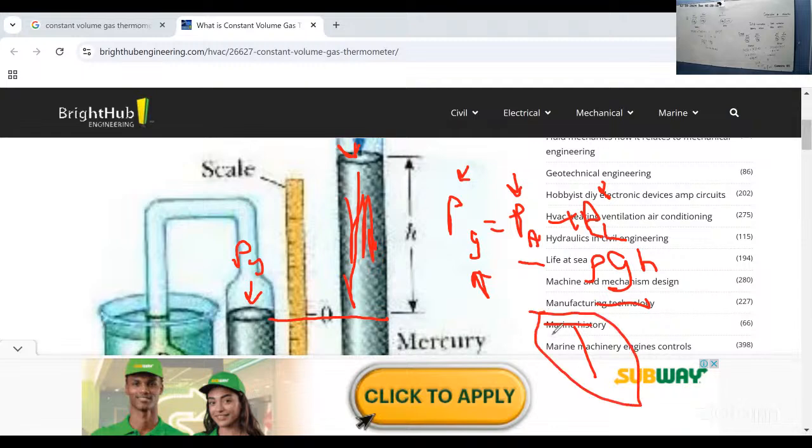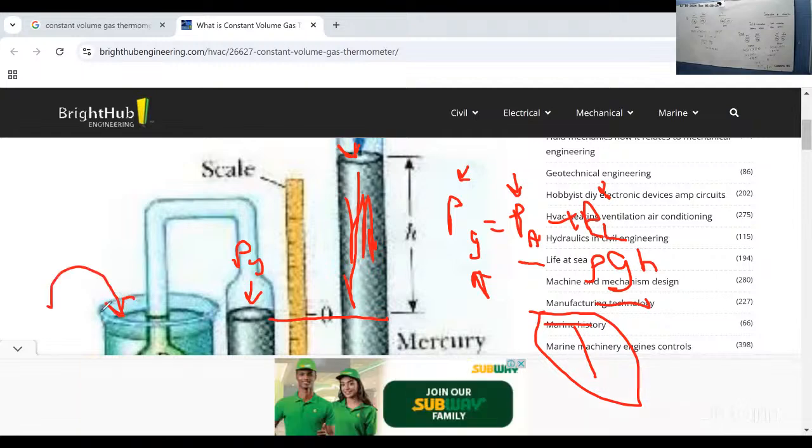Or the next option: suppose you know this temperature, let's call it T1, and you find what P1 is. How can you find the temperature of an unknown substance, T2, now?